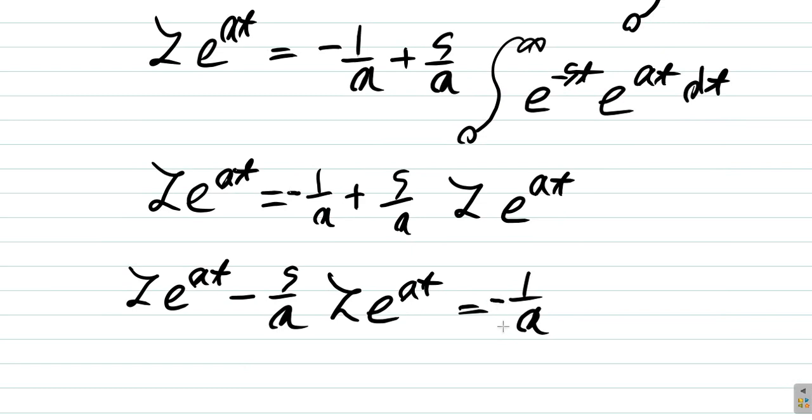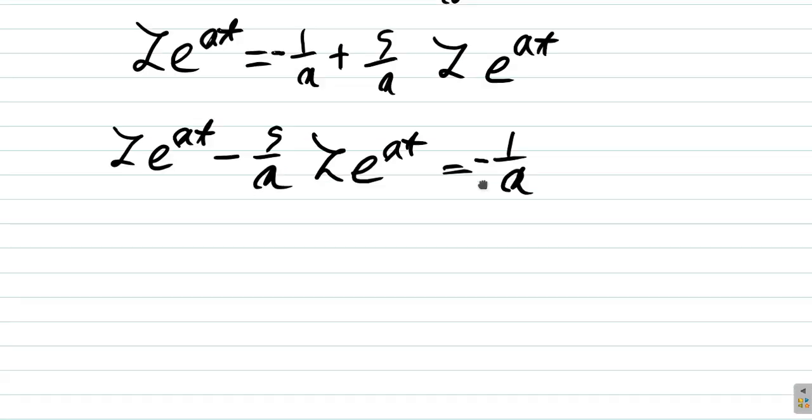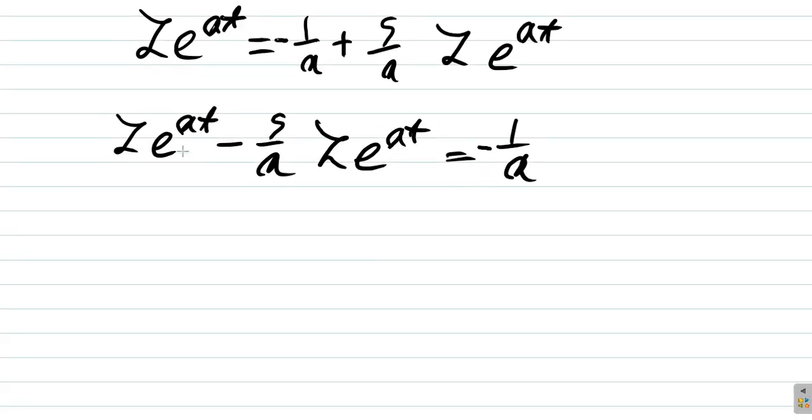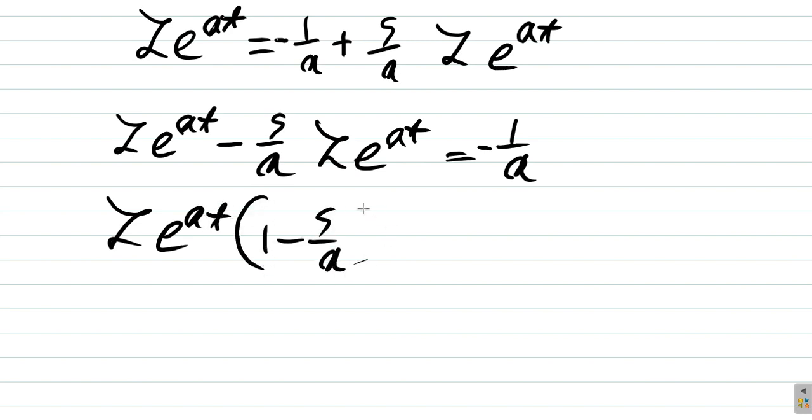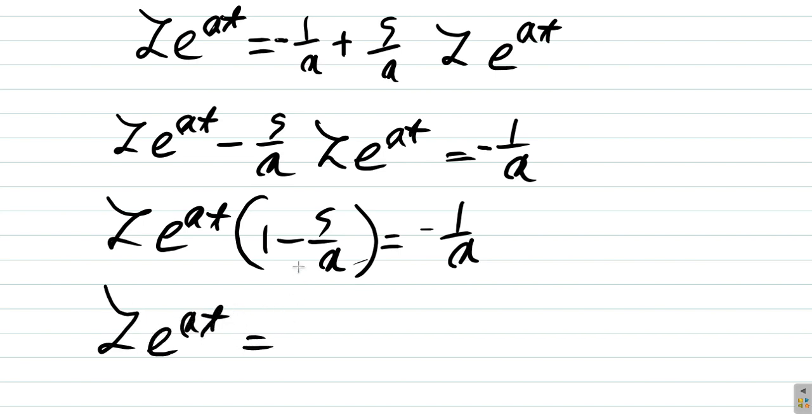It's negative 1 over a. Alright? Let's factor out the Laplace transform of e to the at. It's a common factor here. So we have the Laplace transform of e to the at times 1 minus s over a equal to negative 1 over a. So the Laplace transform of e to the at equals, let's divide by 1 minus s over a.